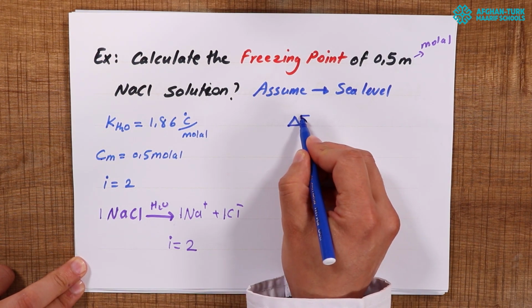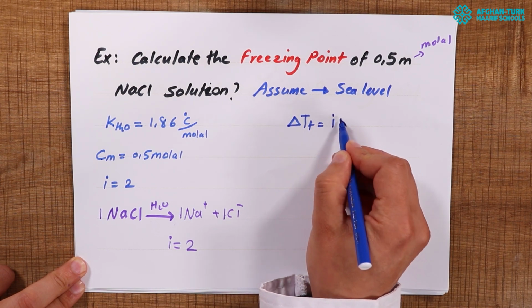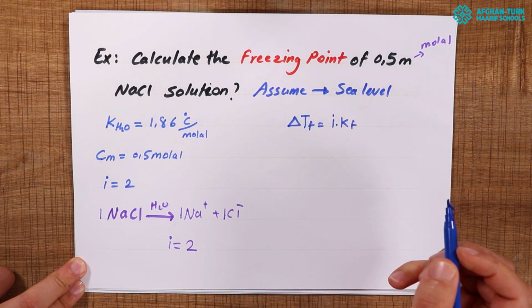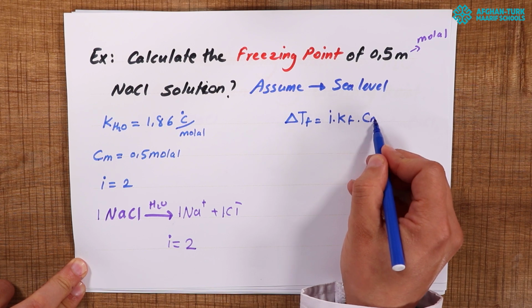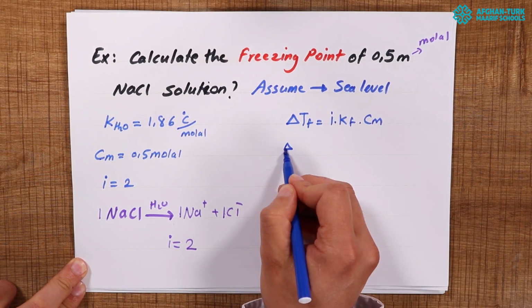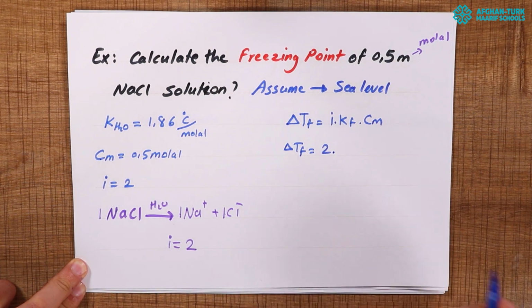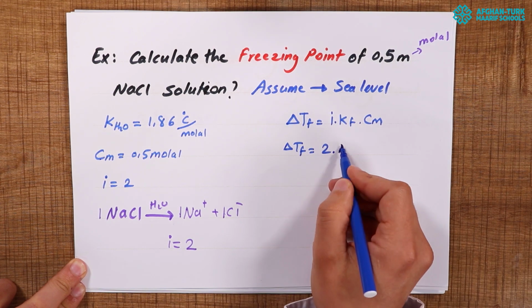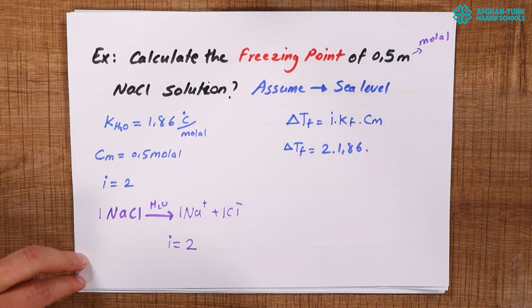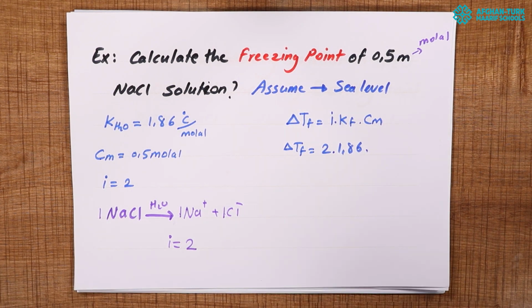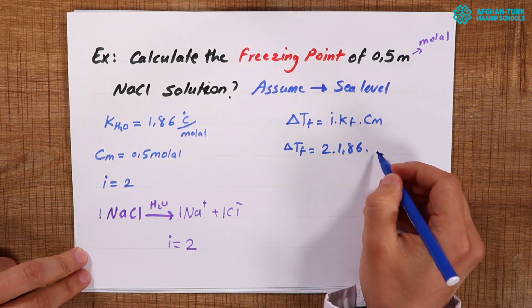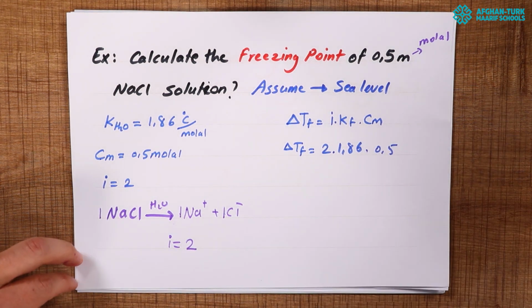Because sodium chloride conducts electricity, it is an electrolyte solution, so we can use the formula ΔTf is equal to i times Kf, the cryoscopic constant of freezing point, times the concentration of molality. ΔTf is equal to, what is the value of i? 2 times, what is the value of Kf? 1.86. What is the value of the molality? 0.5.